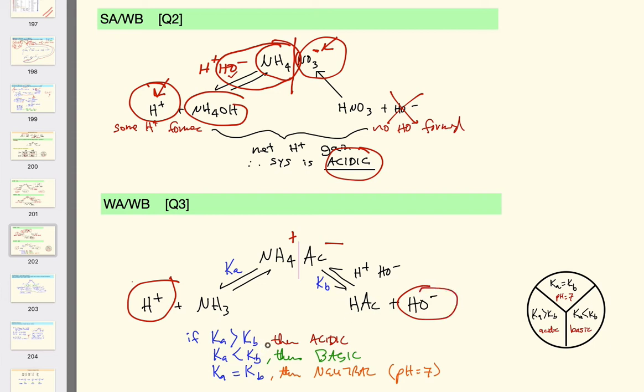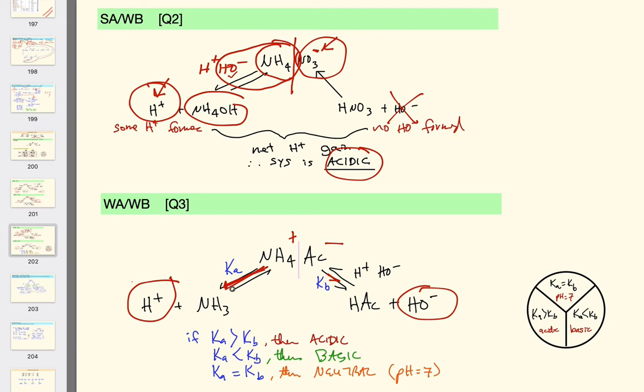So is it going to be acidic or basic? Very simple. If Ka, and this is, by the way, Ka for your conjugate acid, is greater than Kb for your conjugate base, that means this is going to go to a greater extent than this.